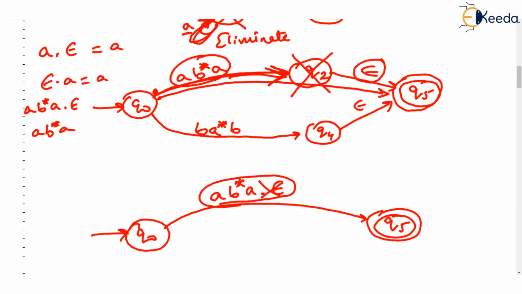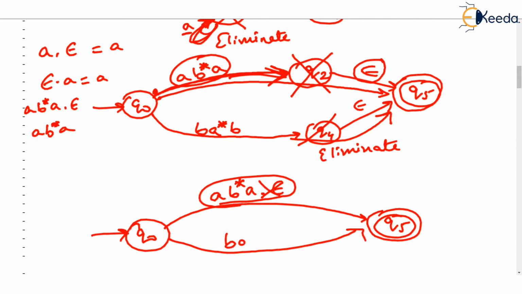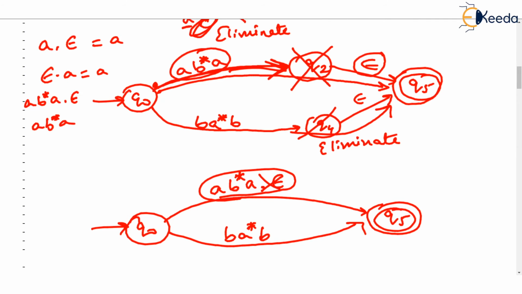And for the other path, if you try to eliminate Q4 also, the path which leads to Q5 is B A star B dot epsilon, but dot epsilon has no effect.